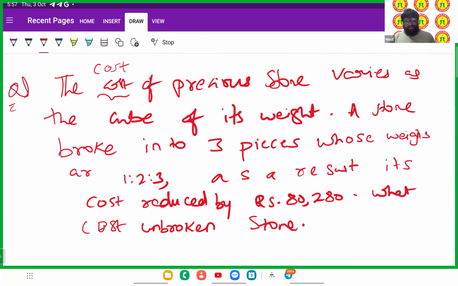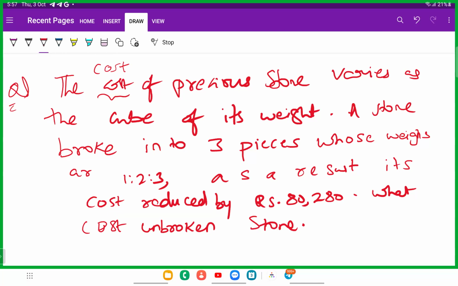I will give you 1 minute, go through the question properly first. Initially they gave the relation between cost and weight. What is the relation here? Someone should tell this.